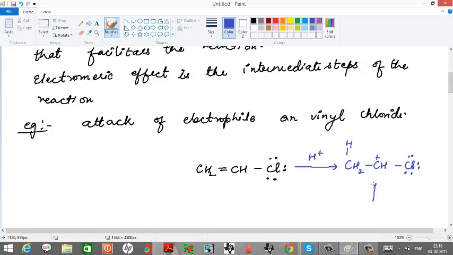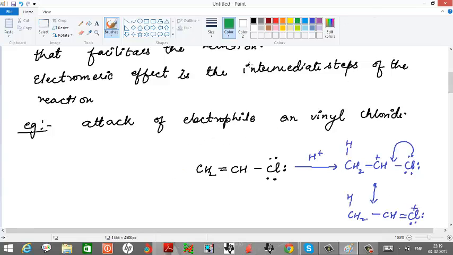We can also see the resonance structure, where the lone pair shifted here: CH2 H, CH double bond Cl with 2 lone pairs of electrons and a positive charge.